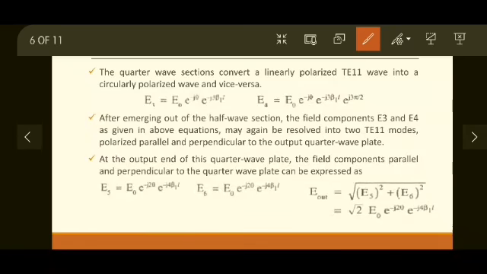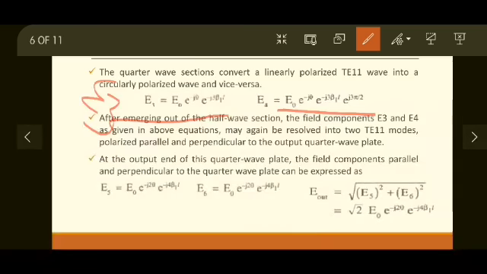So after entering the half wave section, they will be further resolved into two components, E3 and E4. This is E3, which is given by E0 into e raised to minus j theta, that is the additional phase given by the half wave section, into e raised to minus j 3 beta 1 into L, and E4 is similarly calculated. The derivation of this is not important in this particular discussion.